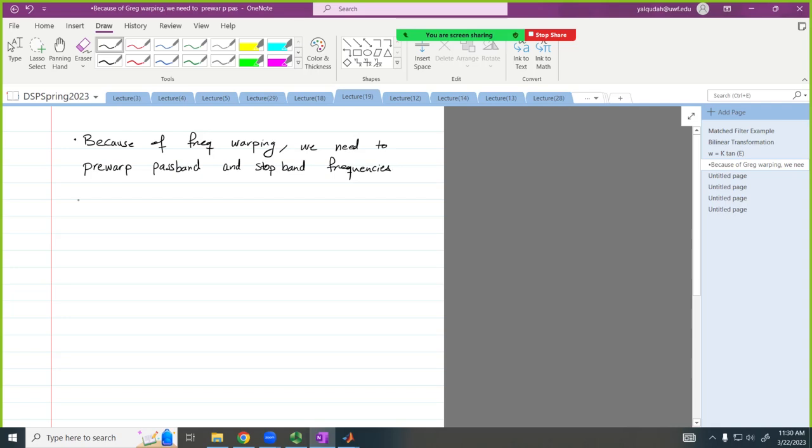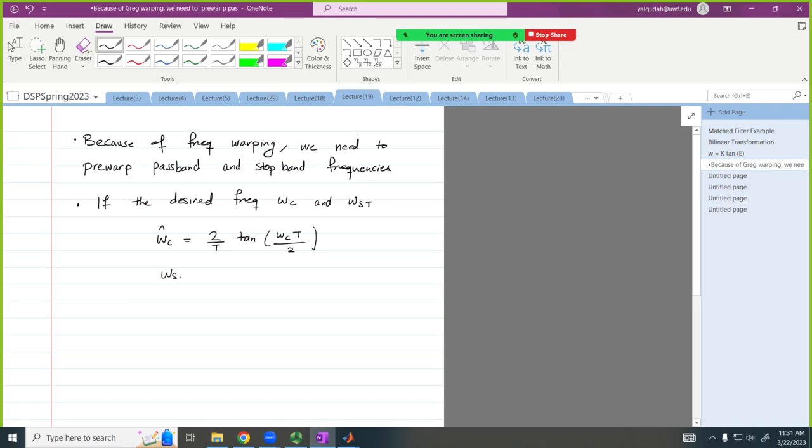Okay. So if the desired frequencies are omega C and omega stop, when we design the filter, we're going to design a filter for omega C hat, which is going to equal 2 over T tangent of omega C multiplied by T divided by 2.